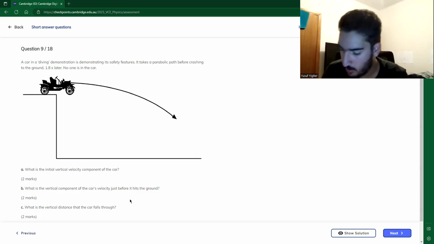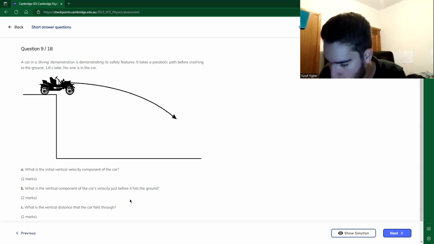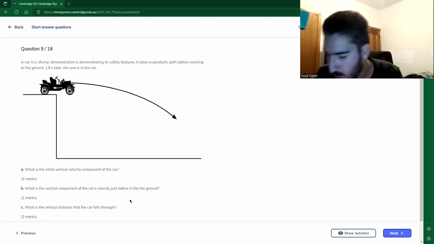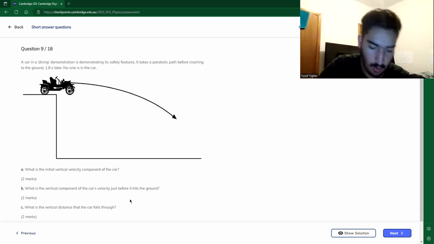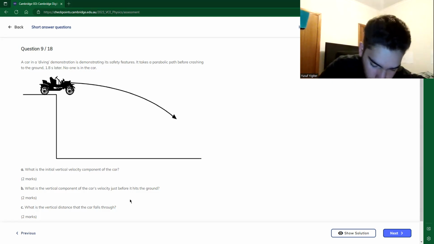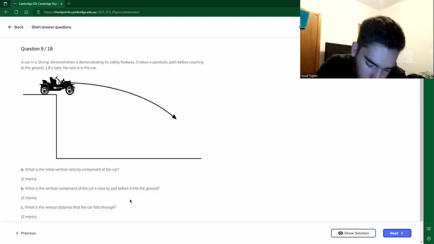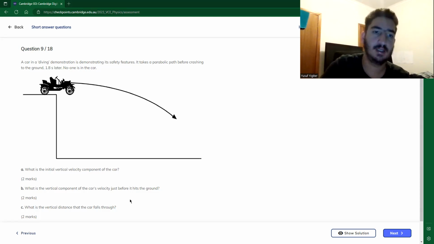So 9.8 times 1.8 squared, divided by 2, gave me a vertical distance of 15.88, or we could just say 16 meters.